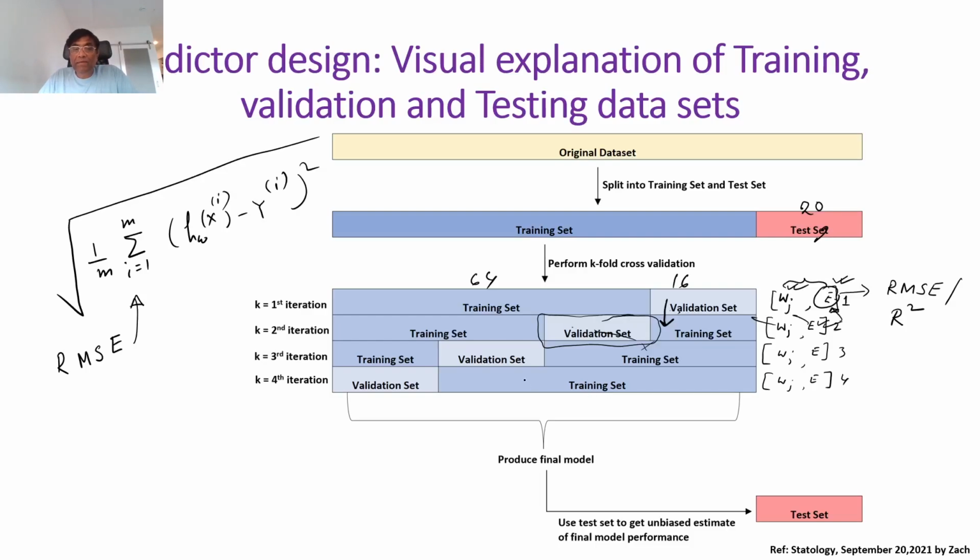So that's why the earlier validation set will be our training set. Like that, you collect all the iterations 1, 2, 3, 4. This k value is 4. K value could be more if you want, because this is a design choice and others may vary. Okay. And suppose you have produced a model, and here it is very important that you are always getting error at the evaluation, right?